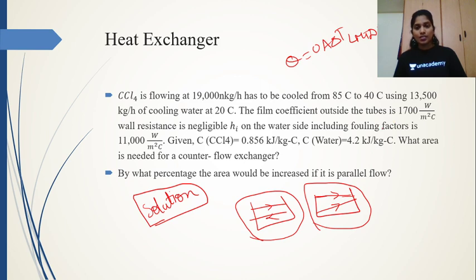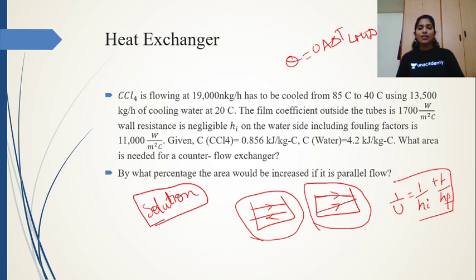Yeah, we are having this hi on the water side, including the fouling factor, as 11,000 watts per meter square degree centigrade. So here we have to calculate the overall heat transfer resistance, which is nothing but 1 by h plus 1 by hf. Means here, as he has given the fouling factors also, you have to include the resistance that is happening because of this fouling factor, right?